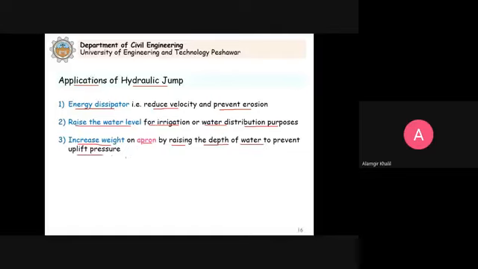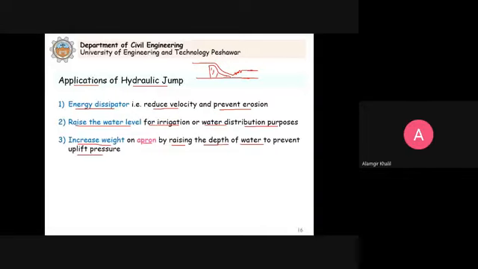Now these are the concepts that you will study in another course, not here. For example, we have this spillway, and the water flows over the spillway. So what will happen is this water flows over the spillway with very high velocity, as we just saw. Now, because of this, the hydraulic jump forms. After this, we have the hydraulic jump, and then the water flows with more depth here.